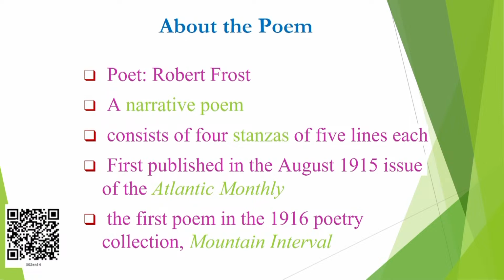That means in this poem there are 4 stanzas and each stanza has 5 lines. The poem was first published in the August 1915 issue of the Atlantic Monthly, and it is the first poem in the 1916 poetry collection named Mountain Interval.